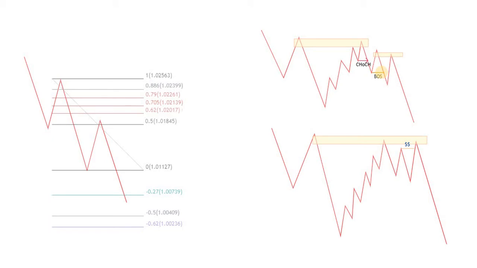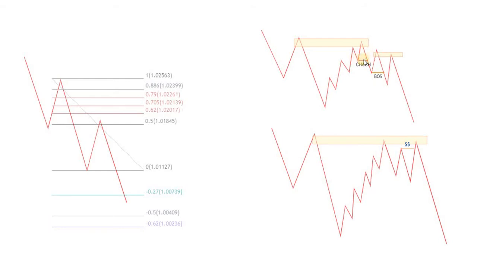So after having a change of character, which to me is the break of the internal market structure, from an uptrend to a downtrend.